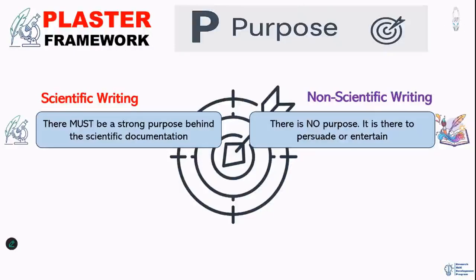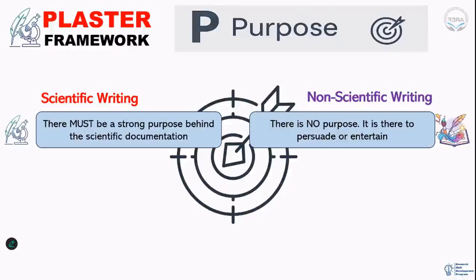It is there to persuade or to entertain. That's all we have to do in non-scientific writing. It could be fiction, it could be a story, it could be anything whose basic aim is to entertain. It can go anywhere, because entertainment doesn't require any specific area, and persuasion doesn't require a specific way to persuade into something.